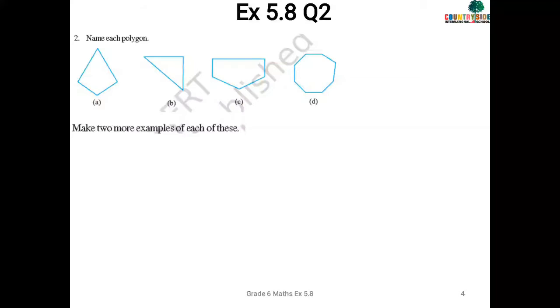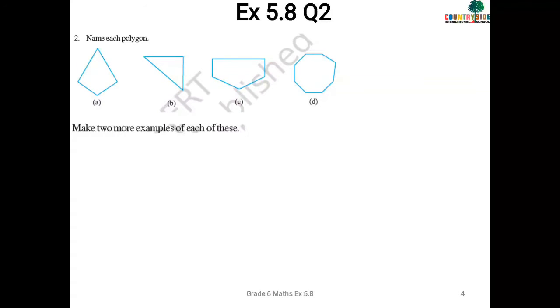So scholars, now let's solve question number 2 from exercise 5.8. Name each polygon. As you can see, all the figures are made up of lines. There is no curve-like structure in them, and they are all closed. So that's why they are all polygons. Now we simply have to name them. At the beginning of this exercise, I showed you a table.